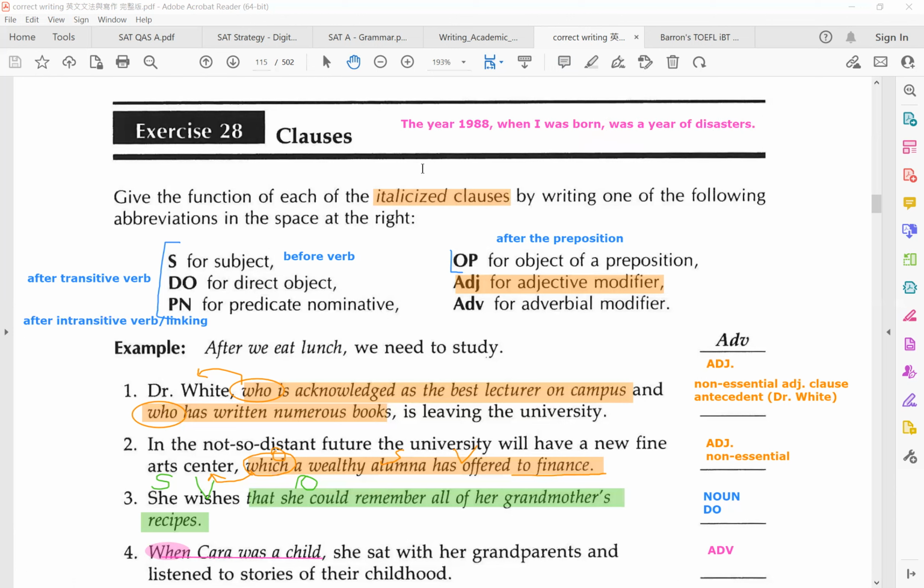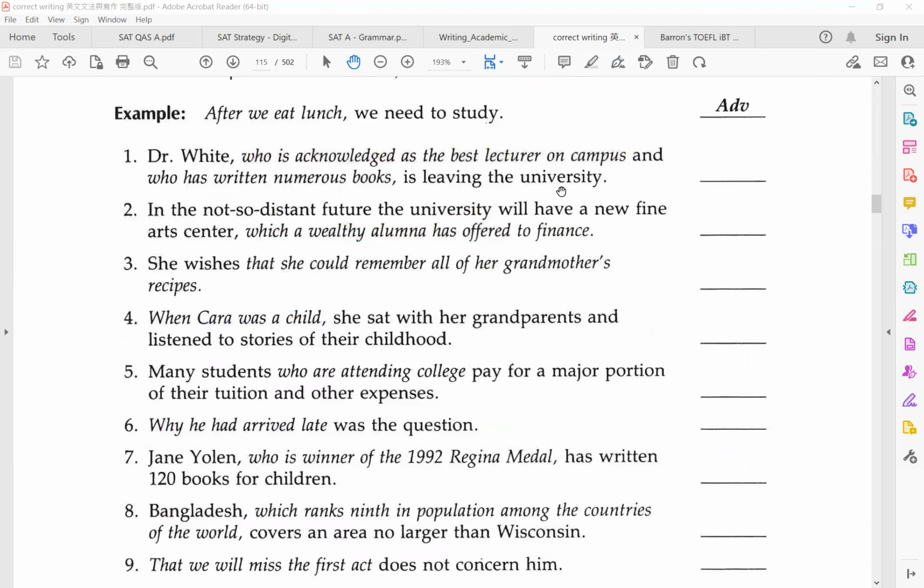So you can see here, when I was born, this is actually an adjective clause because the when has to modify the antecedent, the year 1988. Whereas in number four, there is no antecedent for me to modify, and that is what makes it an adverb function. Okay, so we're going to do a few more.